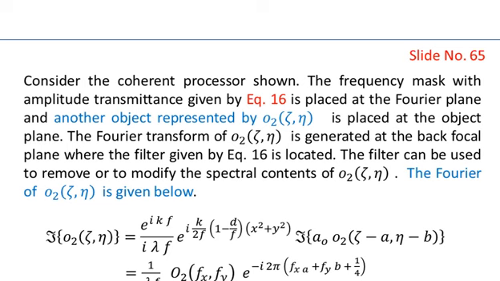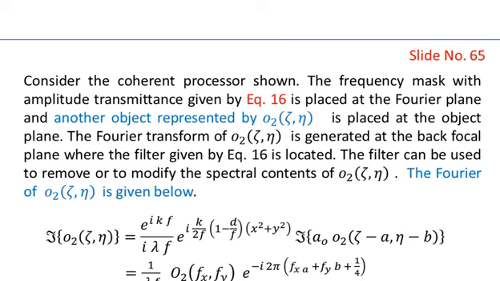Consider the coherent processor shown. The frequency mask with the amplitude transmittance given by equation number 16 is placed at the Fourier plane, and another object, represented by O2 as a function of zeta and eta, is placed at the object plane. Now we are using another object.